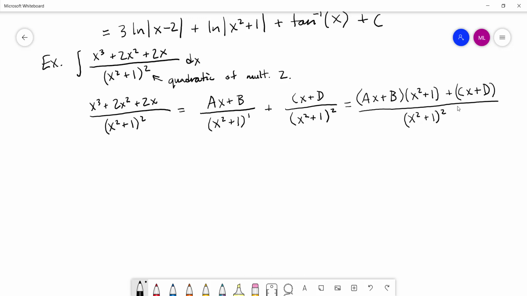So again, this term was already correct. It hasn't changed. But this term, this power went up, so I needed to compensate for that with an extra x squared plus 1 in the numerator here. And now these two things must be equivalent. They already have the same denominators, and that must mean that the numerators must be the same. So let's just simply compare numerators.